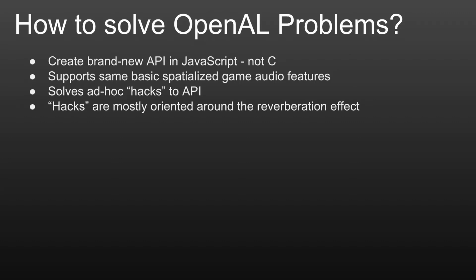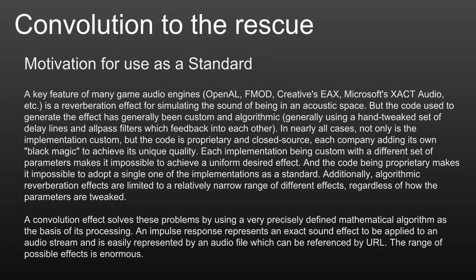I started thinking about what that API would look like to support the same features, but solve this reverberation problem. So I was familiar with an alternative to the algorithmic reverbs. It's a convolution, a technique where you can load an impulse response, just a standard audio file that represents the impulse response of a room. It can be very rich sounding, a huge cathedral or just a medium-sized room or anything.